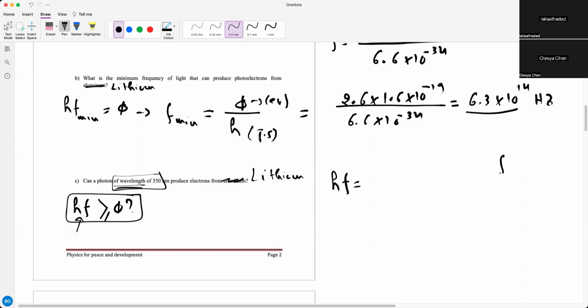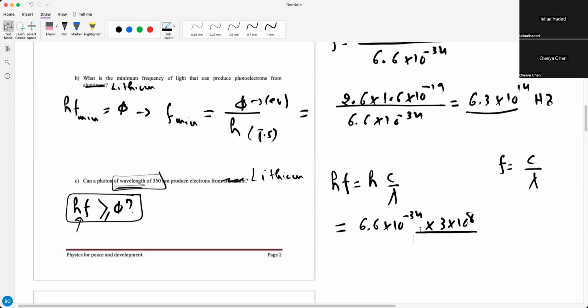So we know that the frequency is equal to the speed of light divided by the wavelength, right? So hc over lambda. So the energy of our light is 6.6 times 10 to the minus 34 times the speed of light divided by the wavelength, which is 350 nanometers. I have to convert to 10 to the minus 9.